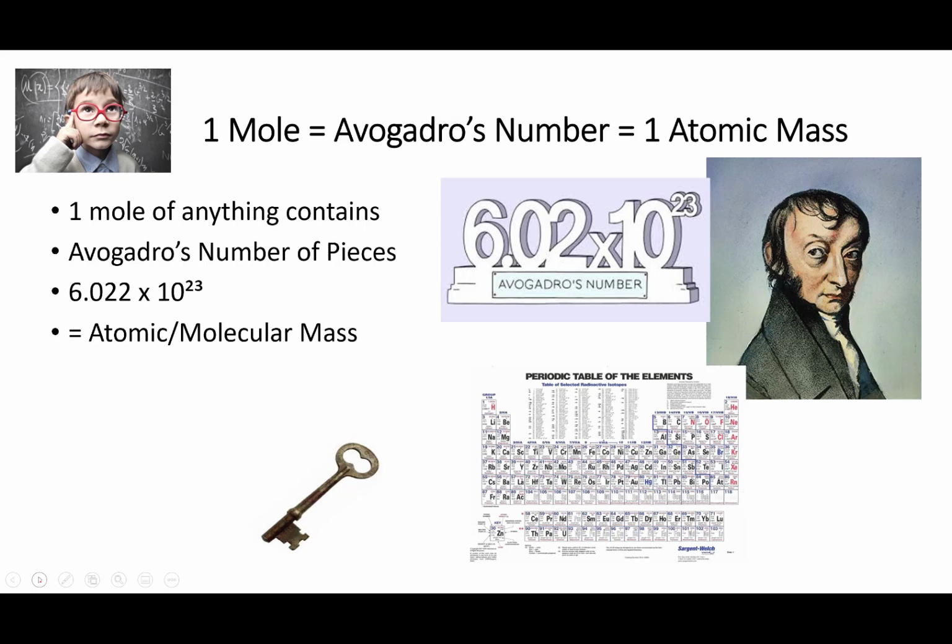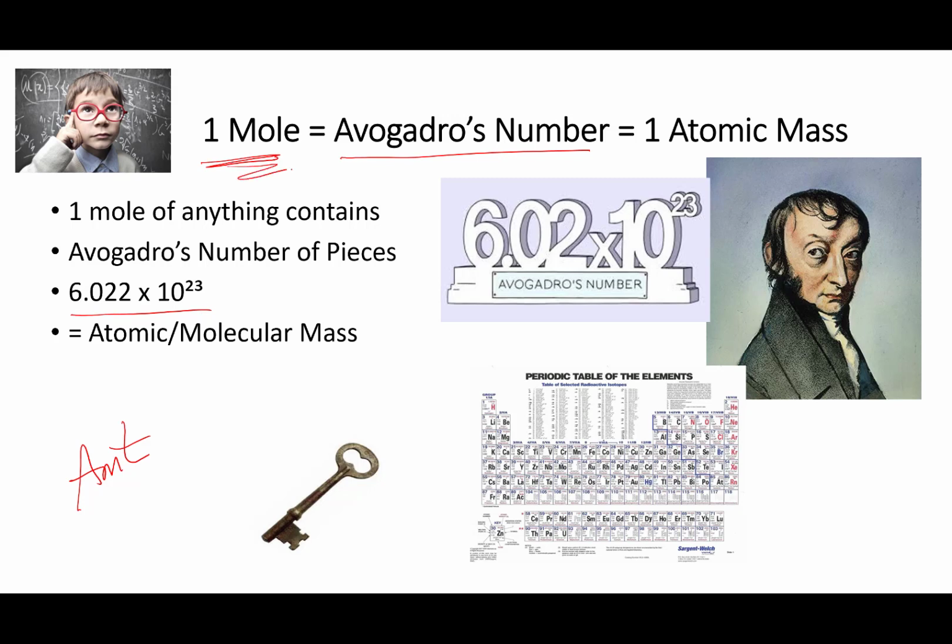In our past, we've also talked about moles. Moles are how we measure amount of stuff, amount of material in chemistry. And if you recall, 1 mole is equal to Avogadro's number of particles in anything. If you're talking about atoms, if you're talking about molecules, it's equal to 6.022 times 10 to the 23rd of them.